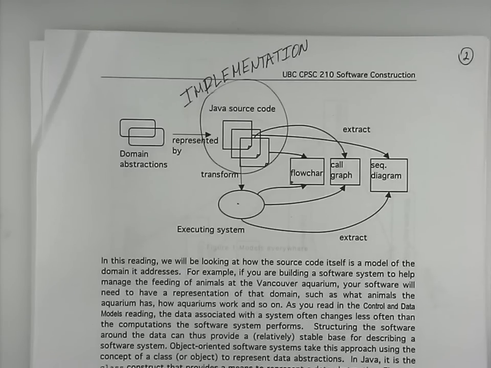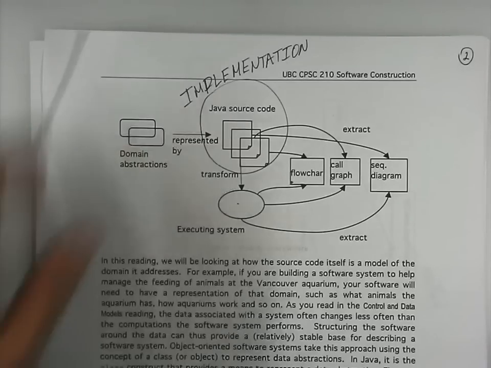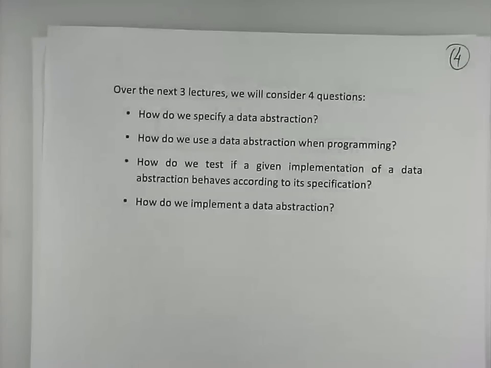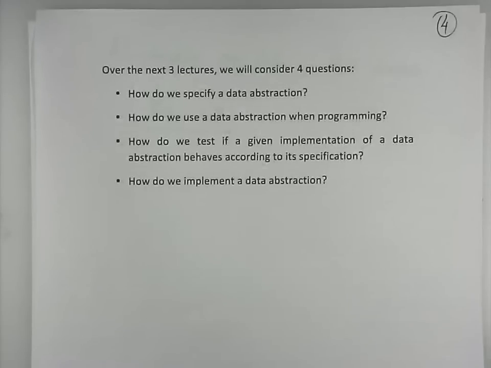And so the example that we're going to use is, here's a bunch of questions that we're going to consider. Here are some questions that you should be thinking about or you should be able to answer at the end of 3 lectures. Really the questions have to do with data abstraction. So first of all, how do we specify?